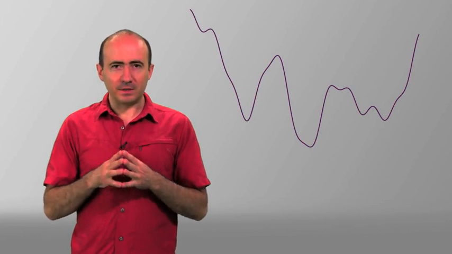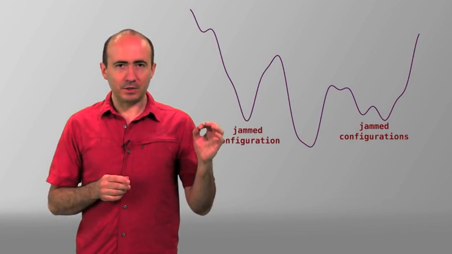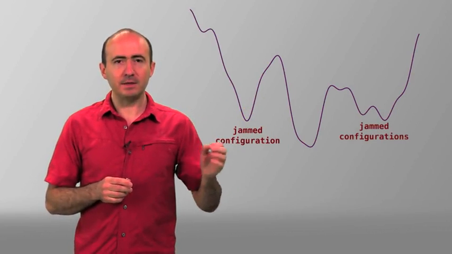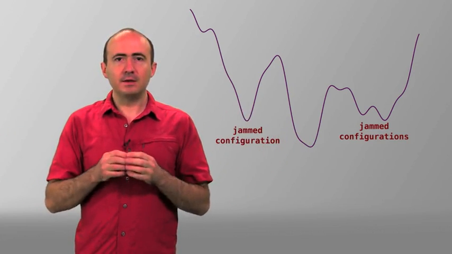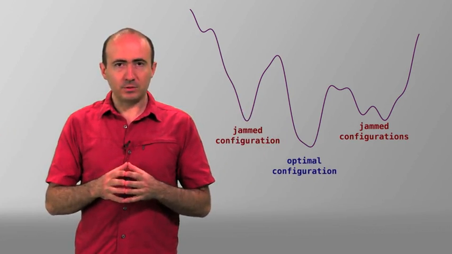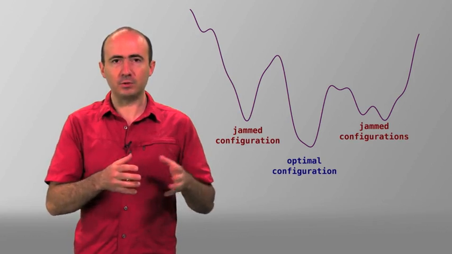Let us now make an analogy. We can imagine the jammed configurations as local minima in a vast and complex landscape. The optimal configuration will correspond to the global minimum that we can call the ground state.